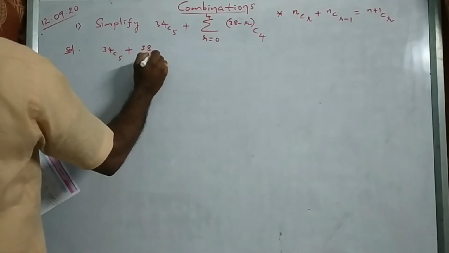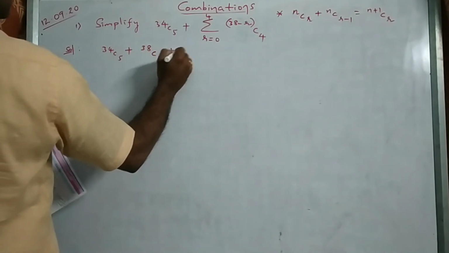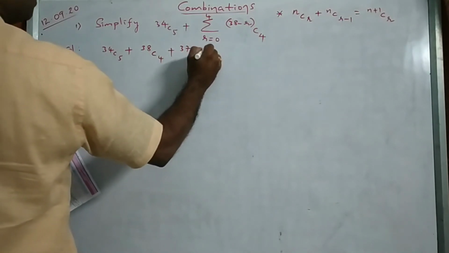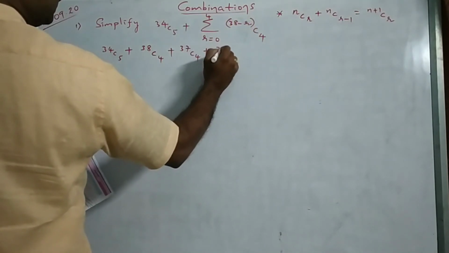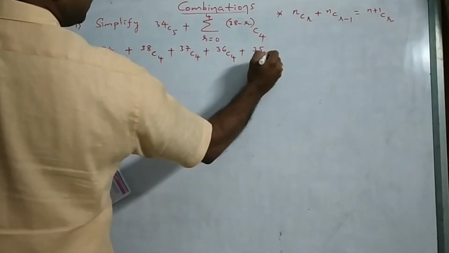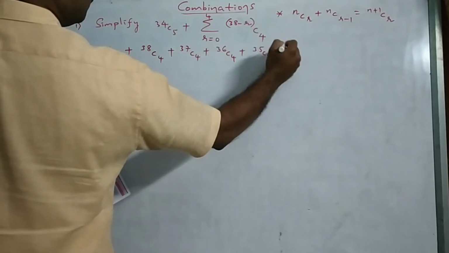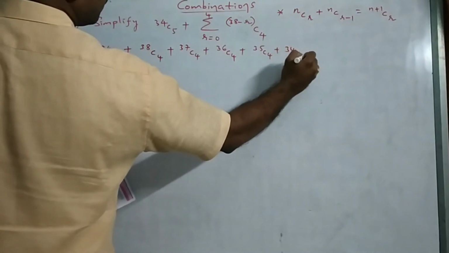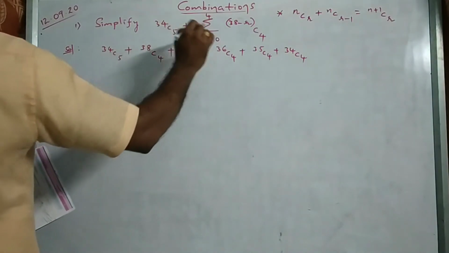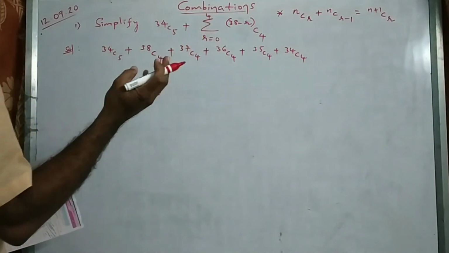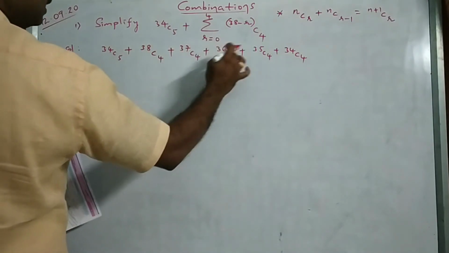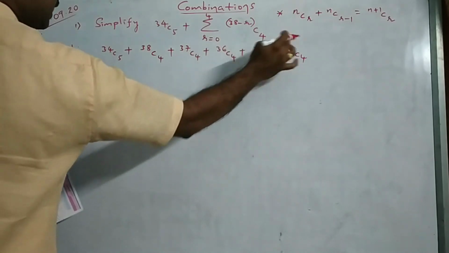So 38C4 plus, in the place of R keep 1, 37C4, if you put 2, 36C4, if you put 3, 35C4, if you put 4, 34C4. Is that clear now? I kept in the place of R from 0 to 4. 0 to 4 means 0, 1, 2, 3, 4.